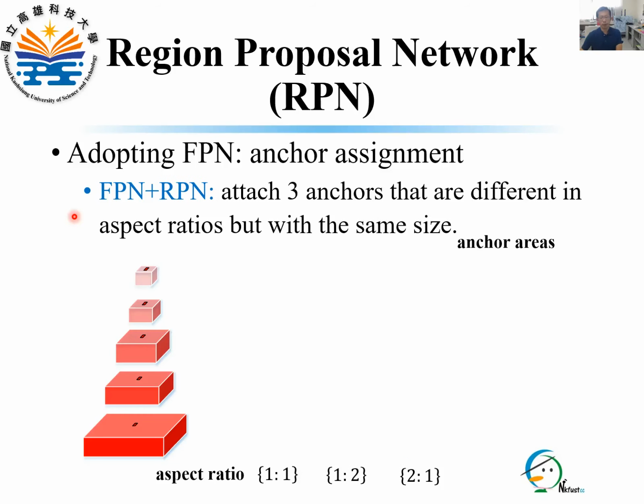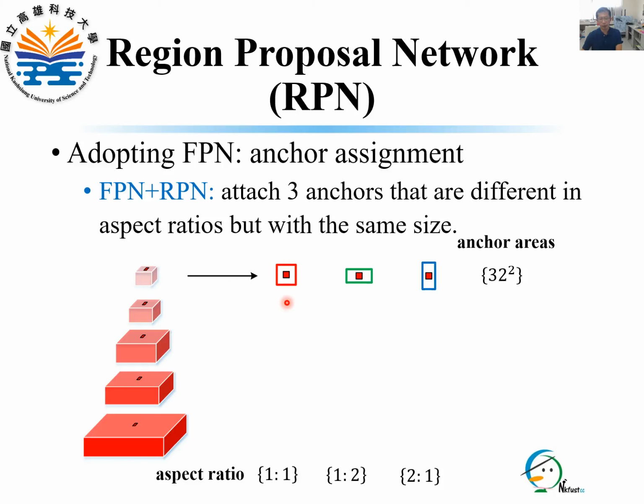Since the feature pyramid produced by FPN is composed of multiple scale feature maps, we attach 3 anchors that are different in aspect ratios but with the same size. For example, each point at the topmost layer is attached with 3 anchors.